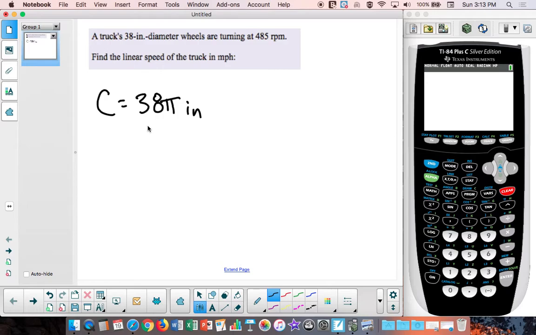And I'm going to phrase this differently, but a circumference is just the distance per revolution. So if I want to change this, I can say that this truck travels 38 pi inches per revolution.